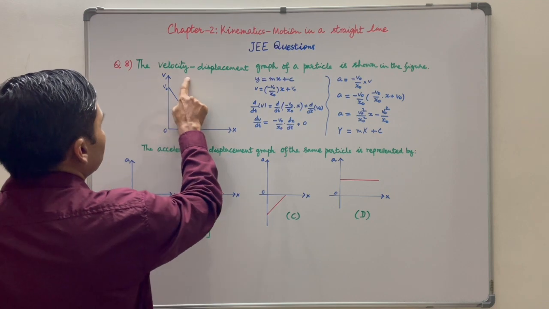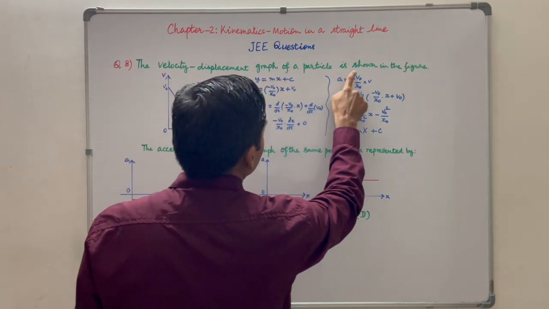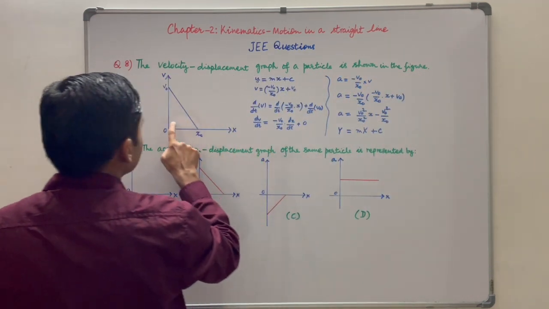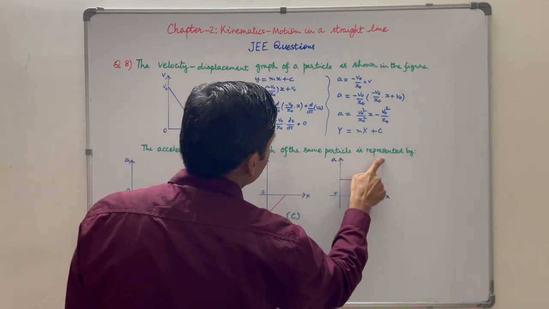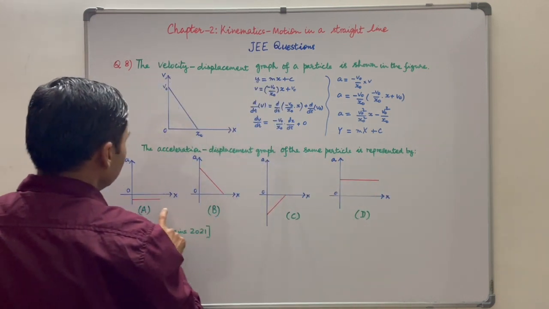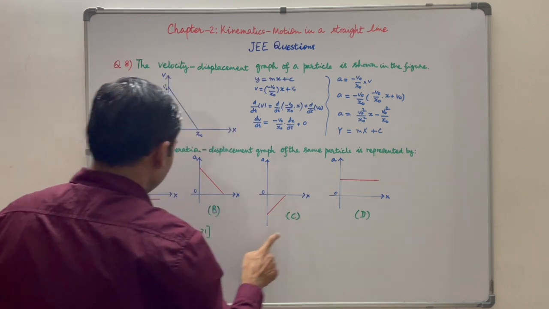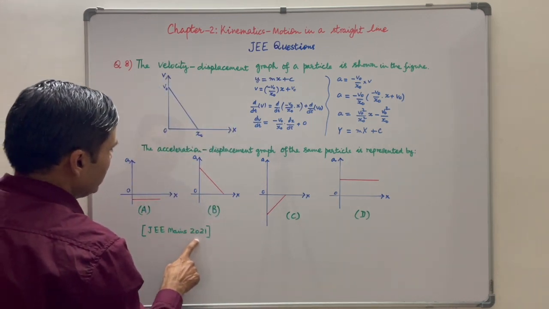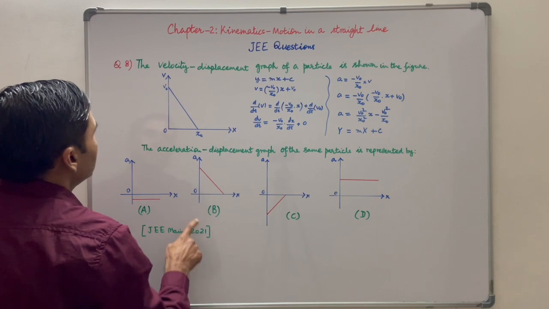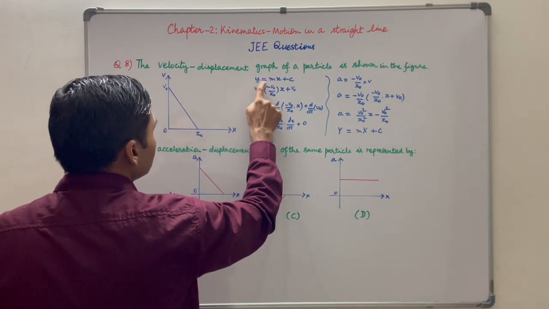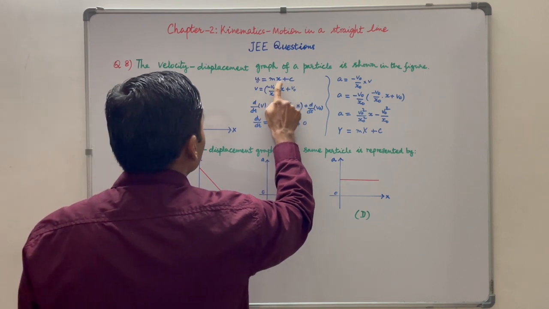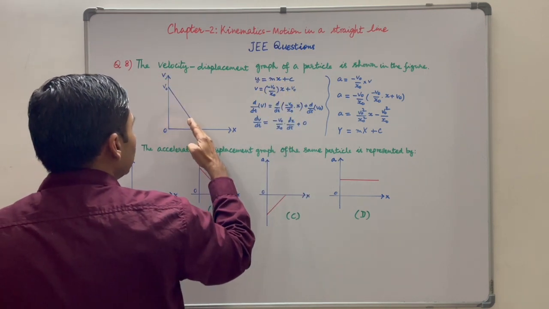Eighth question, the velocity displacement graph of a particle is shown in the figure. This is the figure. The acceleration displacement graph of the same particle is represented by. These are the options. This question appeared in JEE Mains 2021. So the equation of this line can be given by y is equal to mx plus c, where m is slope of this line.